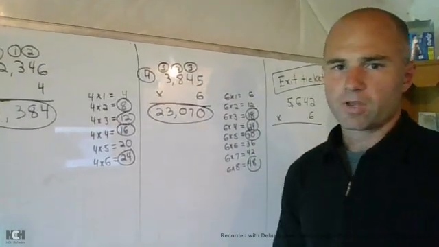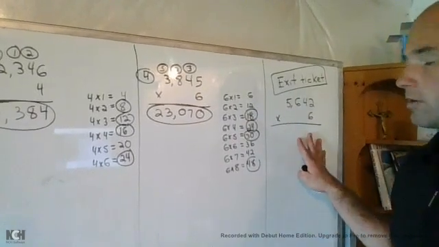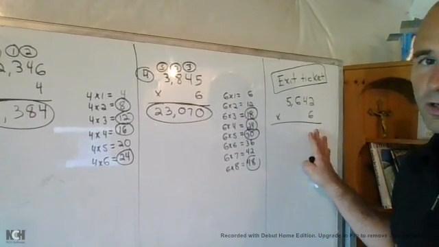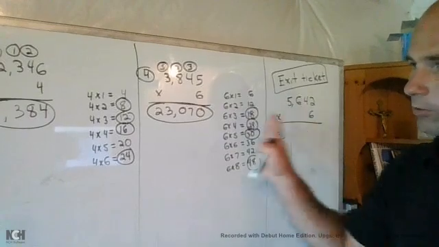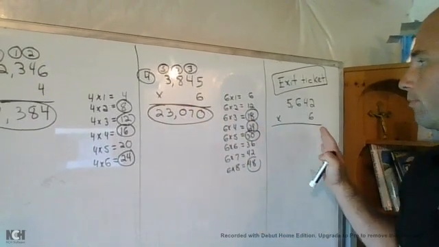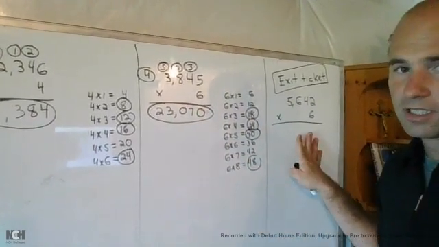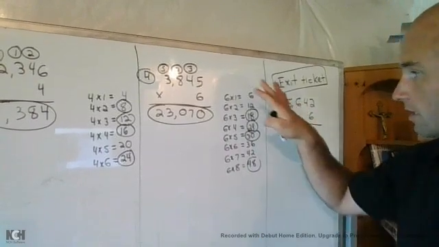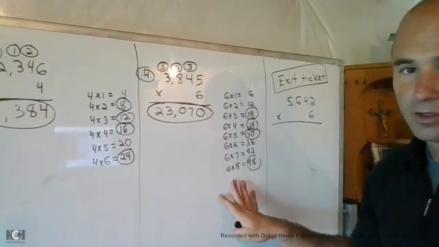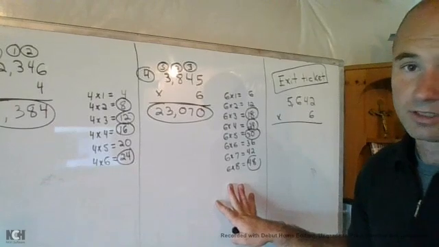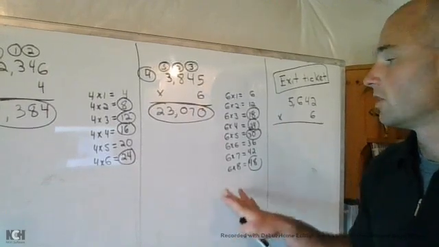Now, we are here with the exit ticket problem, which you're doing a 4-digit times 1-digit, like we've been practicing. And notice the single digit is a 6. You have all your facts. Don't rewrite them unless you want to practice, which practice makes permanent.